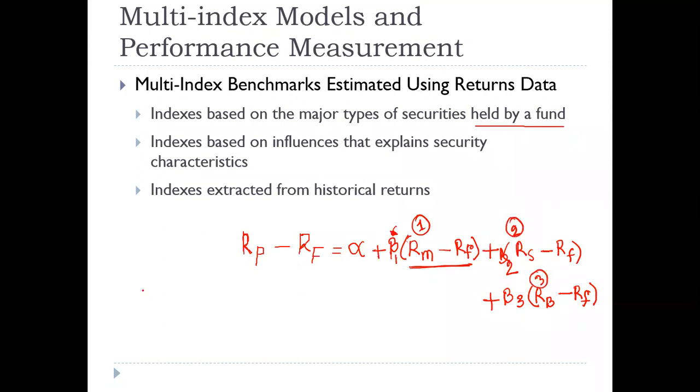So we are always concerned not with return, but with excess return. We are always concerned alternatively with risk premium. So when we are talking about return, actually we are mentioning the excess return.